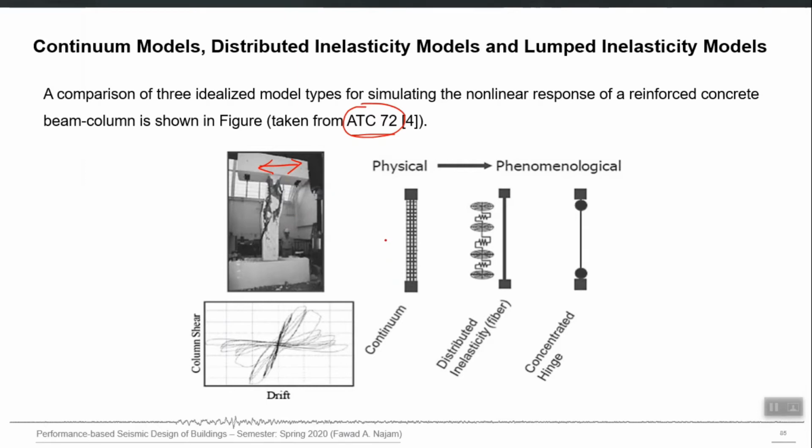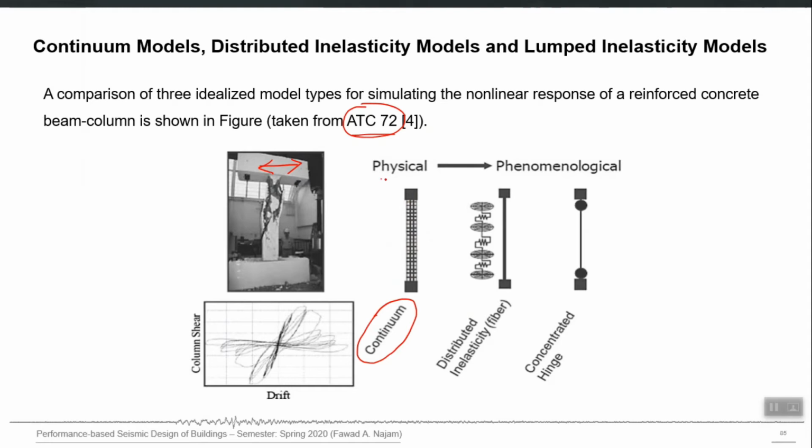Now on one extreme we have what we call continuum models. Continuum models are very detailed models which try to simulate the underlying physics of that structural element, right? So you will discretize your structure with very small elements, and whatever nonlinear effect is expected, it is expected that this model will be able to capture it.